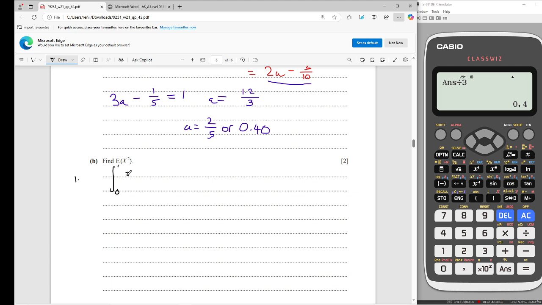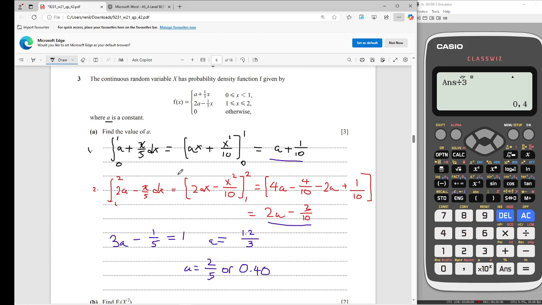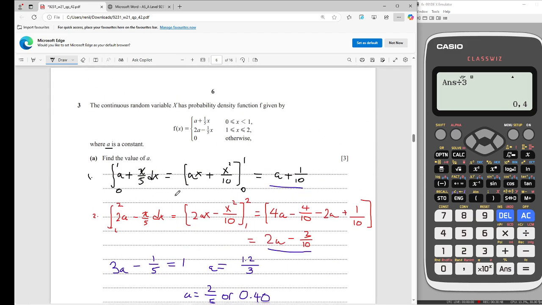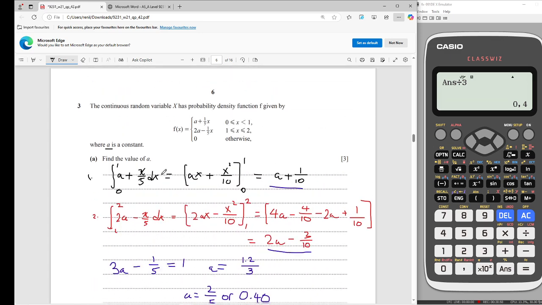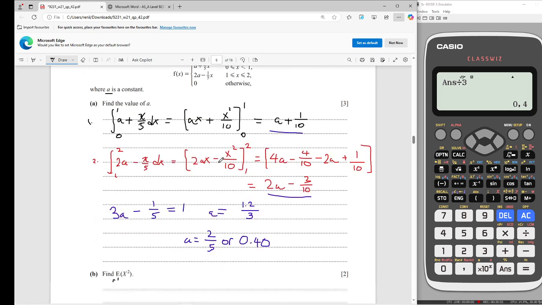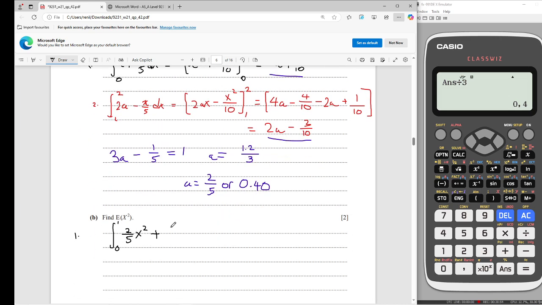We're going to have 2 by 5, multiplying the entire thing with x squared, so x squared plus 1 by 5x. No wait, it's going to be 2 by 5 x squared plus 1 by 5x times x squared, which is going to be x cubed over 5, with respect to dx.